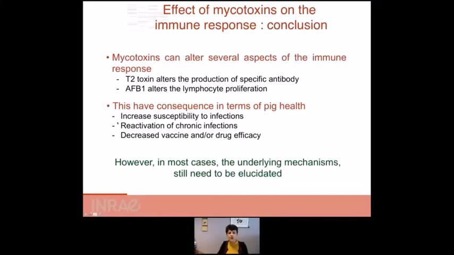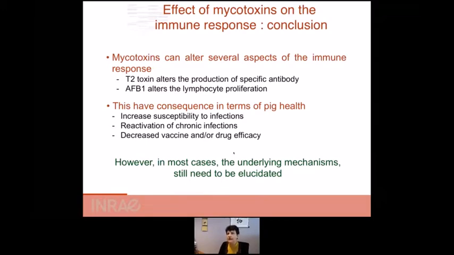I didn't show you, but there have been experiments also showing that it reactivates chronic infection. I show you that it decreases vaccine efficacy, and there are also experiments that show that ingestion of mycotoxin may also decrease drug efficacy. However, in most of the case, the underlying mechanism still need to be elucidated.